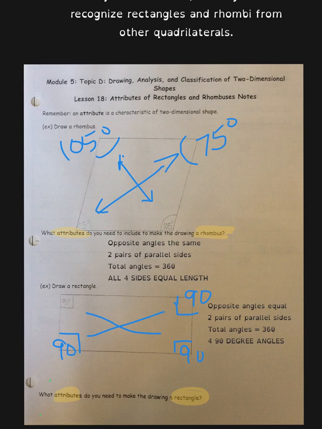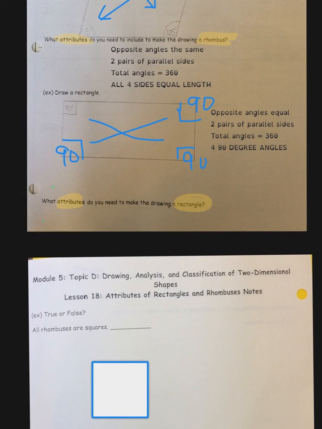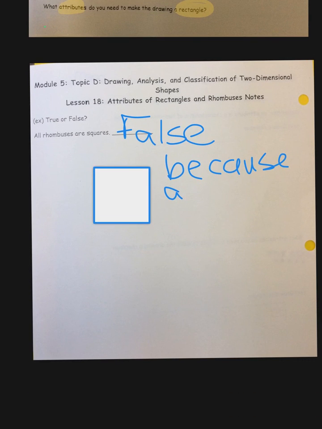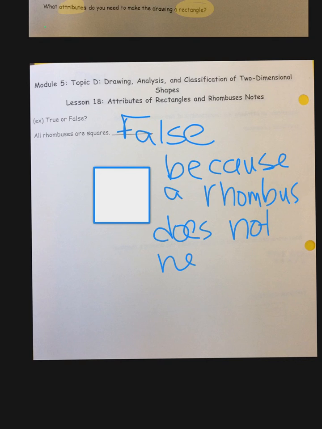So we can answer that question on the back as false, because a rhombus does not need 90-degree angles.